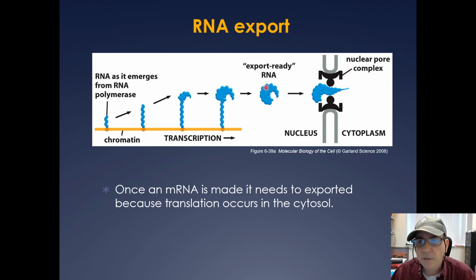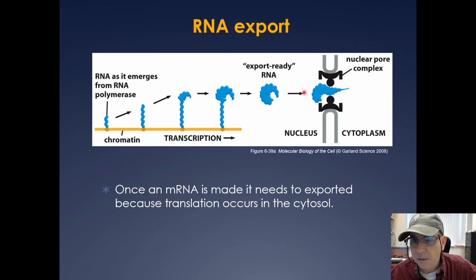And then once that's all taken place, the mRNA is export ready, and it's exported out of the nuclear pore complex. Okay, and this is a regulated event, and we'll look at nuclear transport in the final third part of the course.